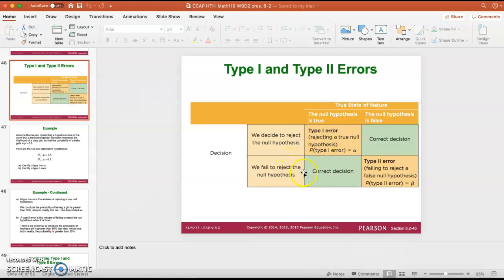If you fail to reject the null hypothesis when actually it's true, great, no error has been made. If the null hypothesis is actually false, and you decide to reject the null hypothesis, again, all good, no mistake was made there. Now, if it turns out the null hypothesis was actually false, and then you fail to reject it, that's a type 2 error.